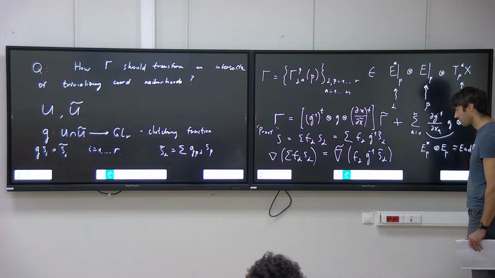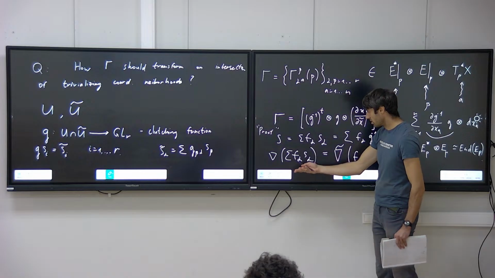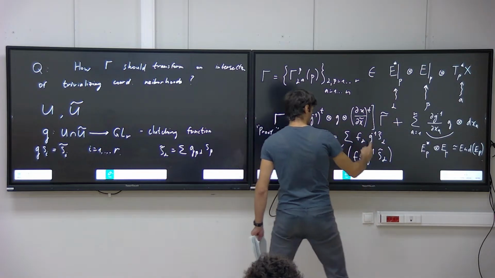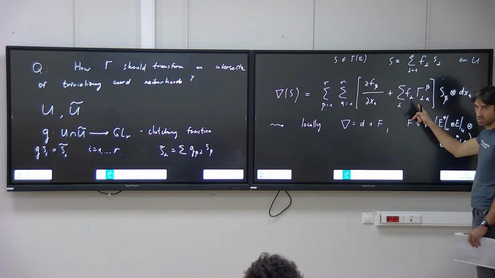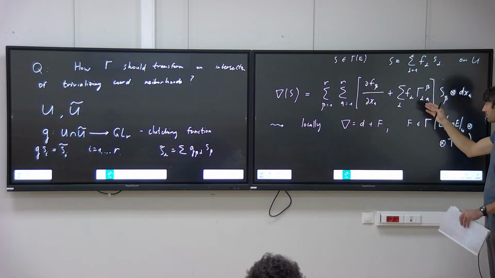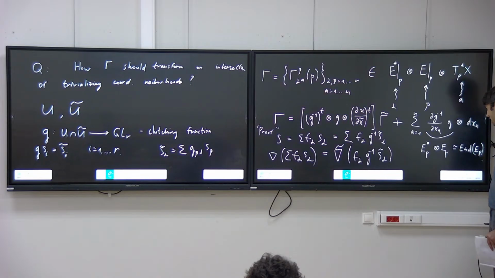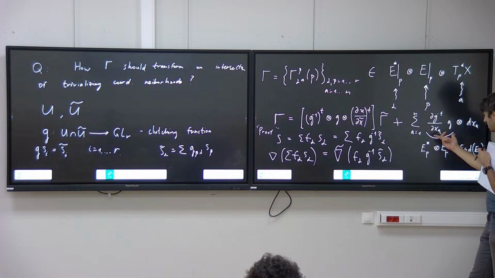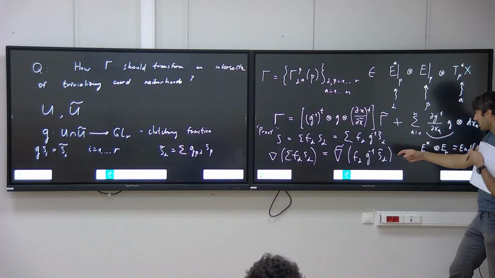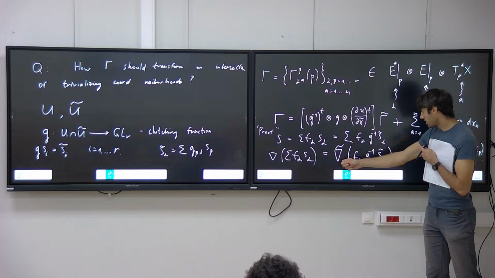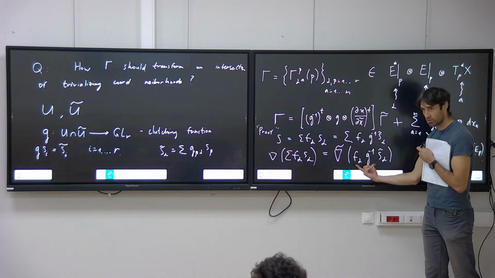Now I just use this formula again, which I think is on this blackboard. On one side I will have gamma tildes, on the other side gamma without tildes. So this is like an exercise in computing, and what we see is at least where this term comes from. So I apply nabla tilde, and there is this term when I take a derivative of this guy.